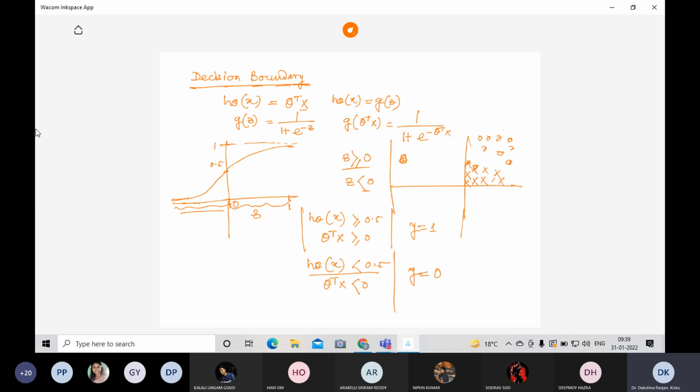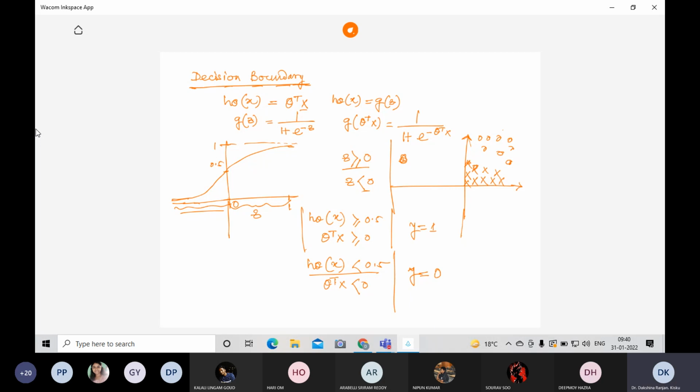Now we have to estimate the class labels using the decision boundary. With that decision boundary we can infer that some points in this set of data points will belong to the positive class y equals 1, and the rest of the data points will belong to the negative class y equals 0.